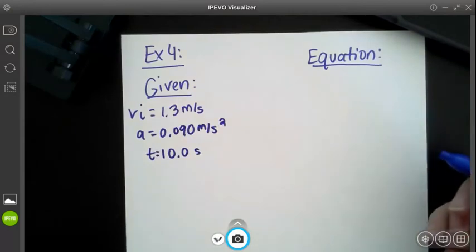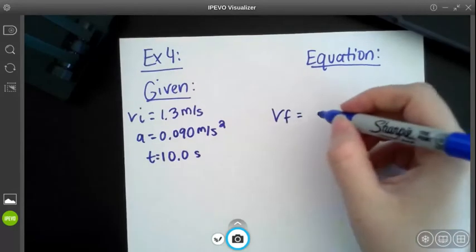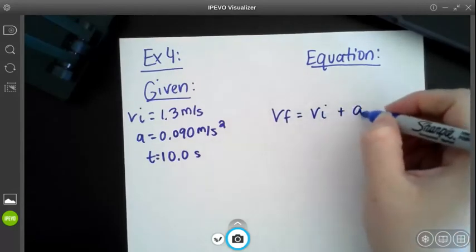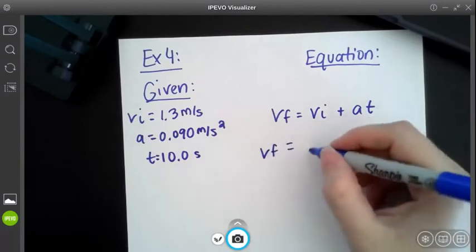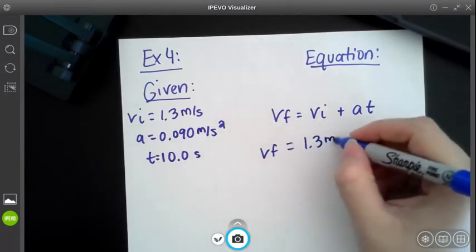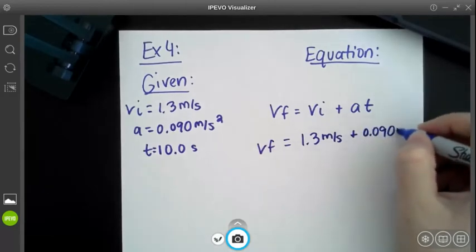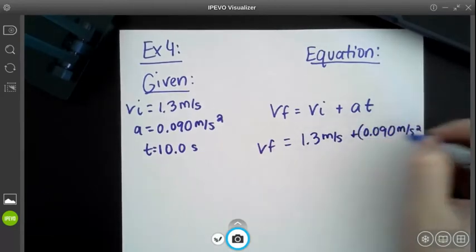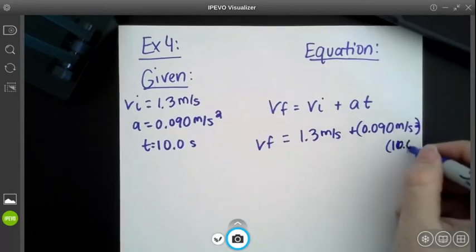So this time we're going to use the equation to solve for VF. So VF equals VI plus AT. I'm going to plug in our numbers here. So VF equals 1.3 meters per second plus 0.090 meters per second squared times time. And I'll put that down here because I'm running out of room.